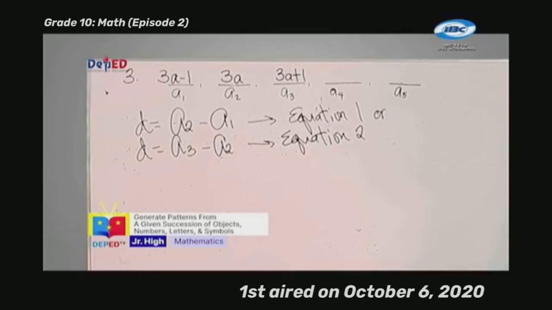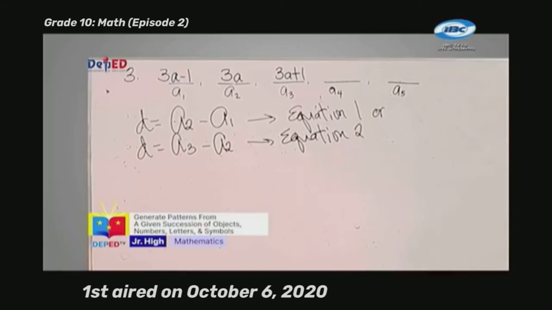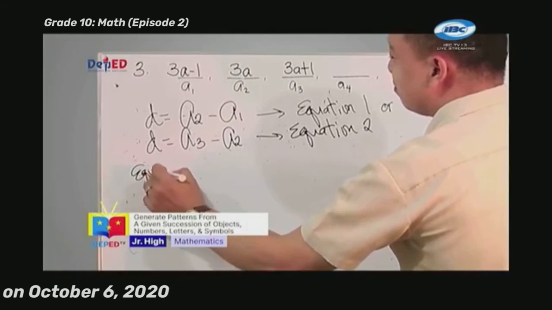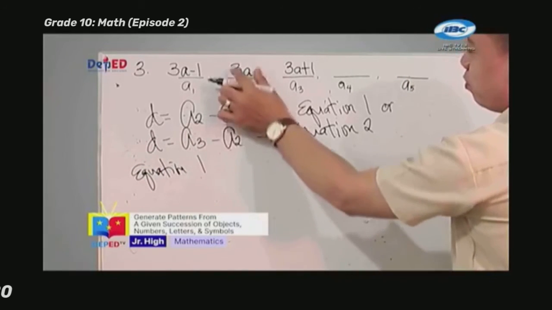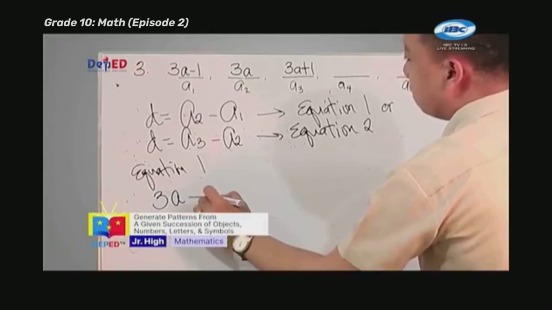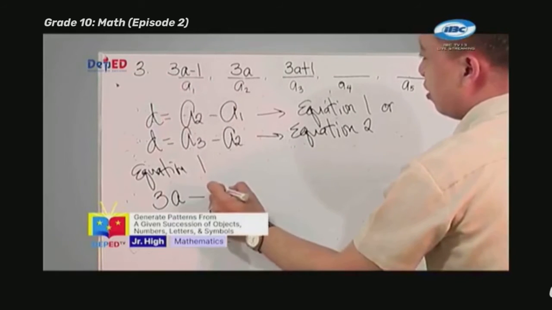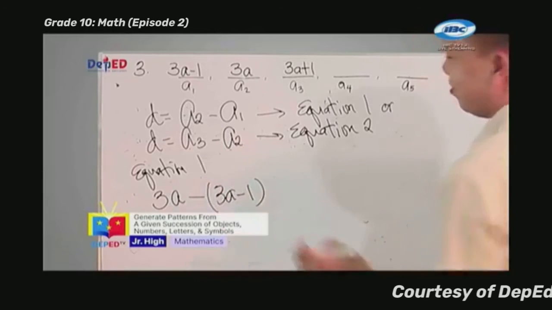If we use equation 1 and substitute the given, we will have, for equation 1, a sub 2, which is 3a, minus the first term, or a sub 1, that is 3a minus 1.